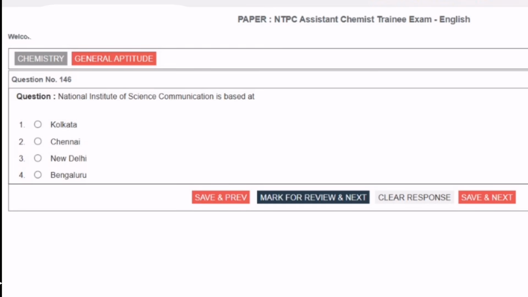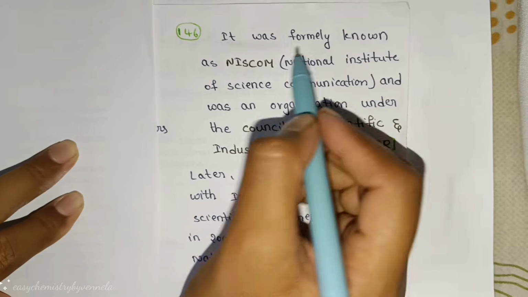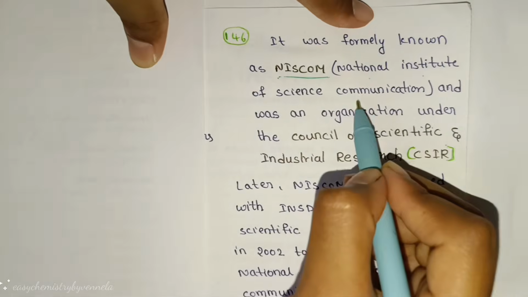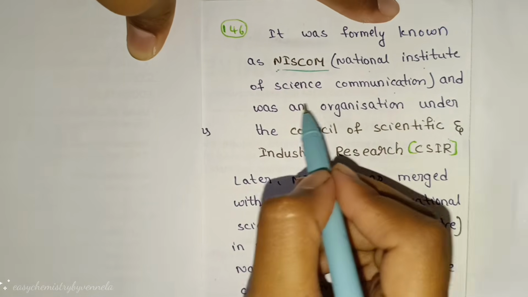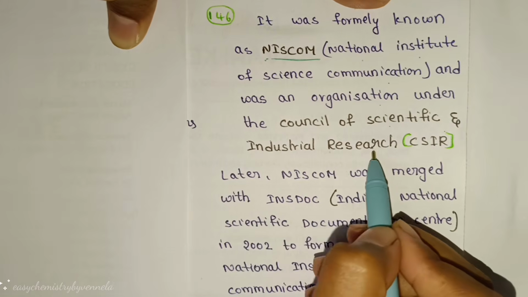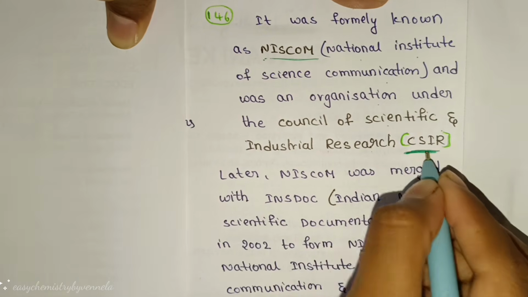The next question is, National Institute of Science Communication is based at Kolkata, Chennai, Delhi, Bangalore. It was formerly known as NISCOM, National Institute of Science Communication, an organization under the Council of Scientific and Industrial Research, that is CSIR.